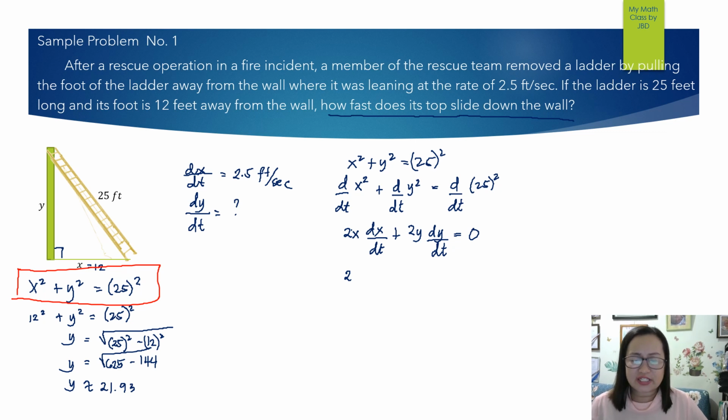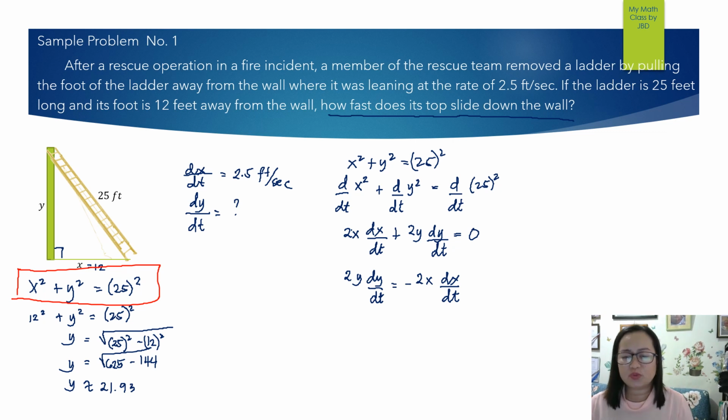Now isolating the term having dy/dt, we will transpose the first term to the right side, so we will have negative 2x dx/dt.